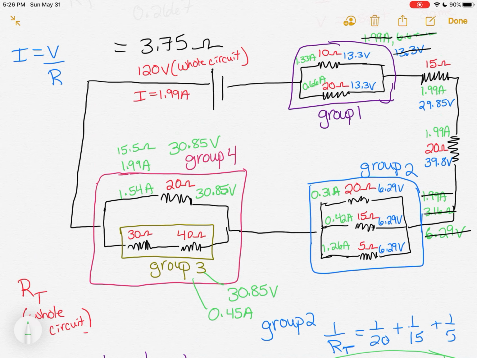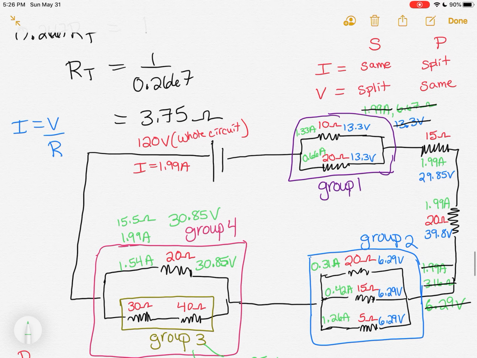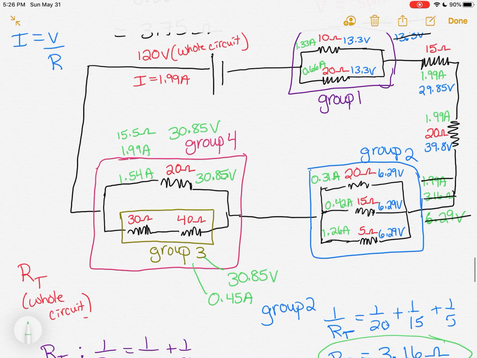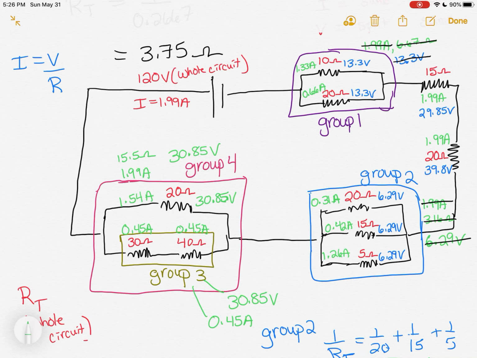Okay, so then we're going to look at the 30 and the 40 ohm resistors in series with each other. So in series, that means that the current has to be the same. So that means both resistors have a current of 0.45 amps. Okay, and then we can use that to find our voltages.